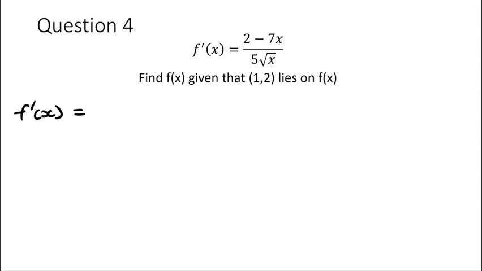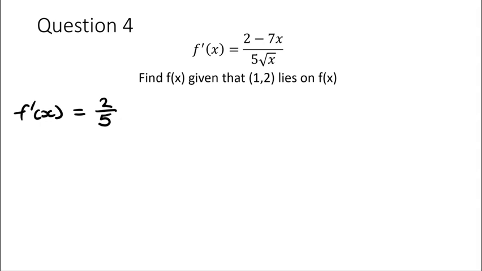So, to make this a little bit easier, I'm going to separate this up, and I'm going to use some laws of indices to help me do that. Firstly, I'm going to do 2 divided by 5 root x.